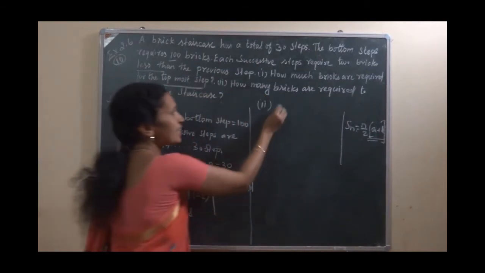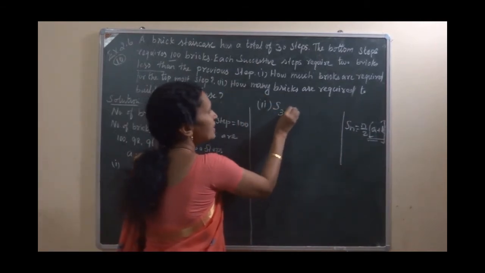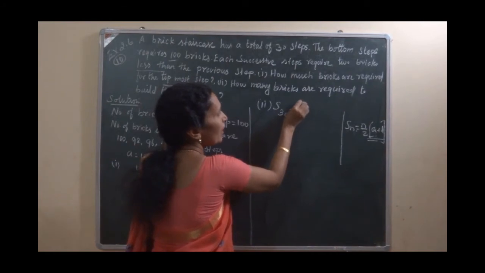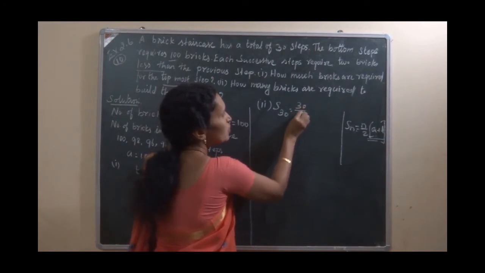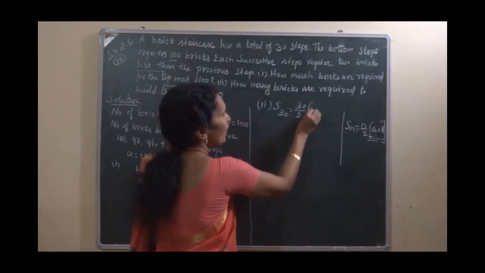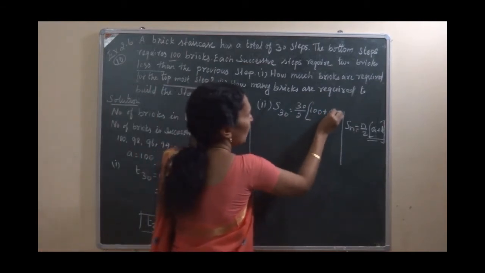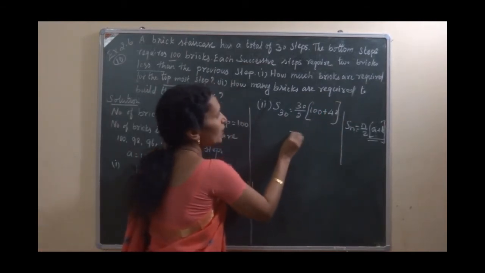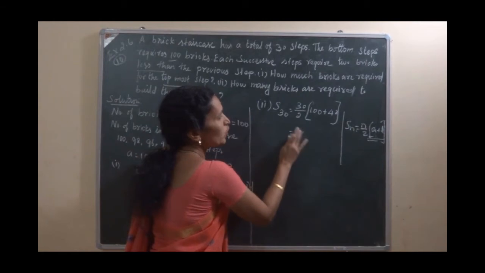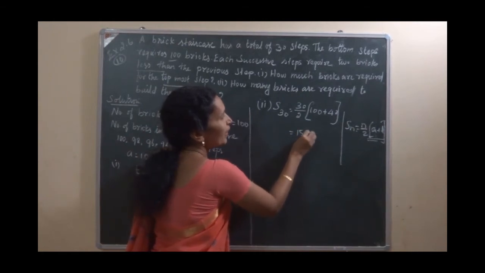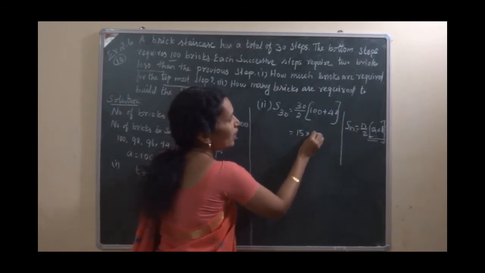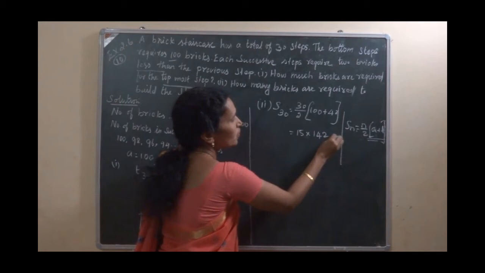So S30 equal to, apply the values: 30 by 2 into A value 100 plus L value 42. That is equal to 30 by 2, 15, into 100 plus 42, 142.